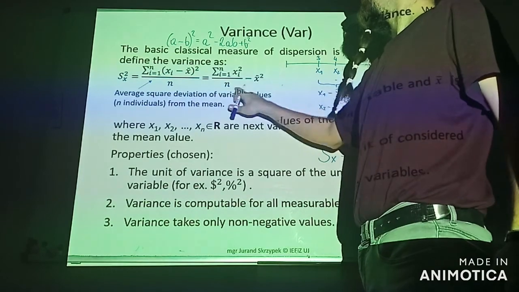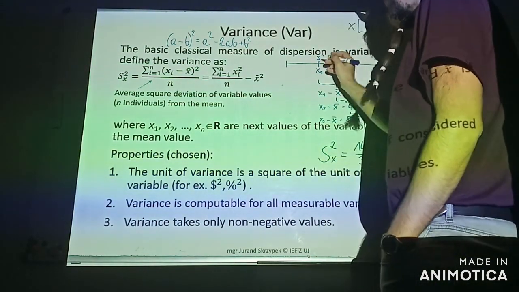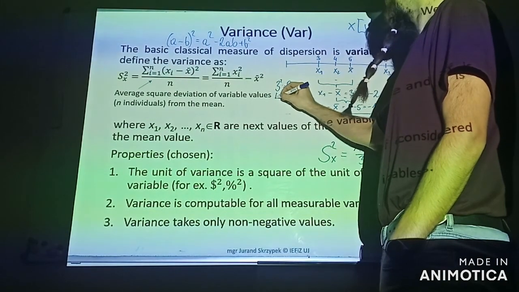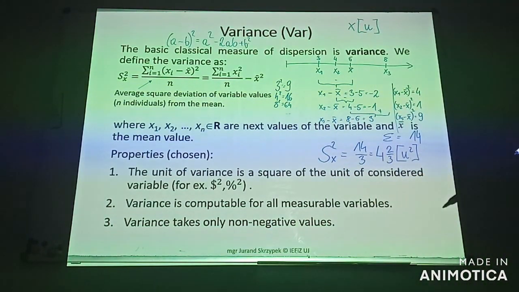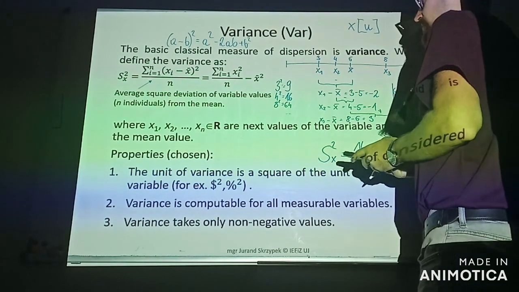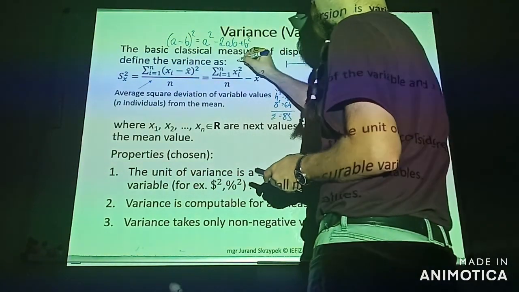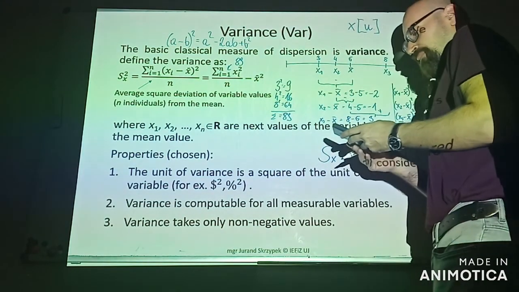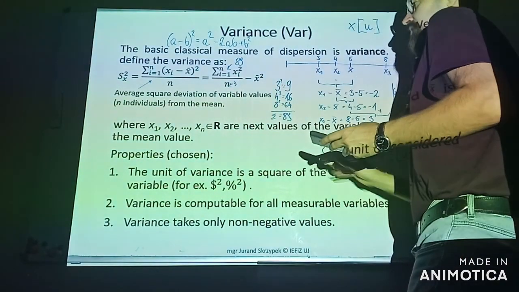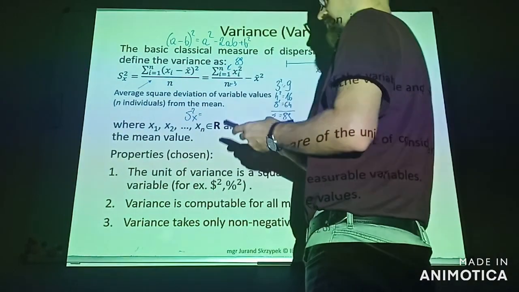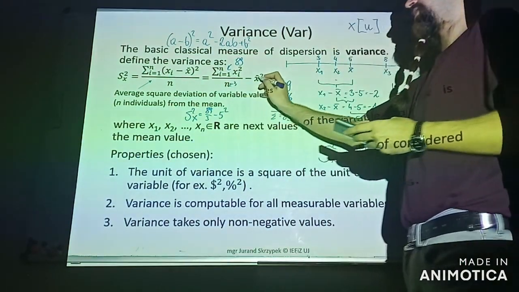We need the average square of the variable values, so we need the squares of the variable values. 3 squared is 9, 4 squared is 16, and 8 squared is 64. 64 plus 16 plus 9 is 89. 89 is our sum. 89 divided by 3, and we subtract 5 squared, the arithmetic mean squared.